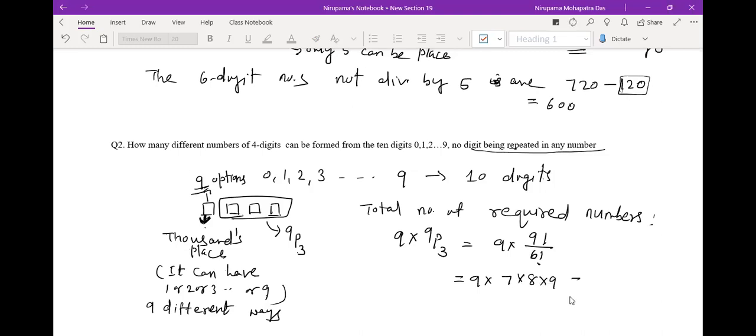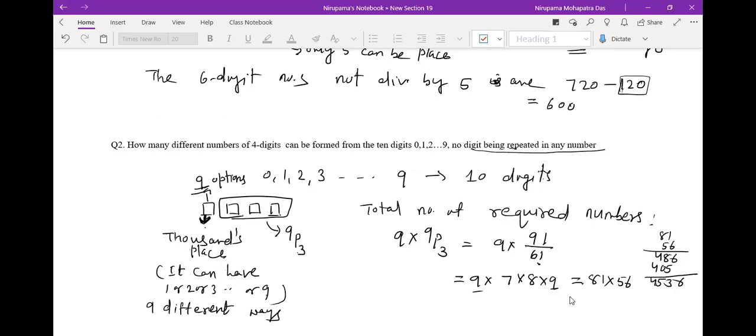Okay, so you can calculate. Should I calculate it for you? So 9 into 9 is 81, 81 into 504 is 4536.